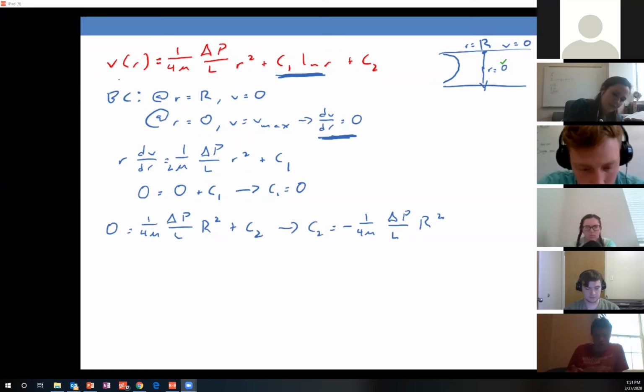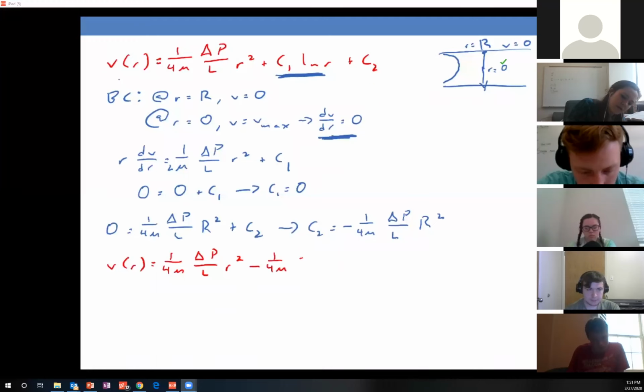And we end up with, I'm going to change the colors back, V of r is equal to 1 over 4 mu delta P over L times r squared, minus 1 over 4 mu delta P over L R squared. So V of r is 1 over 4 mu delta P over L times (r squared minus R squared).